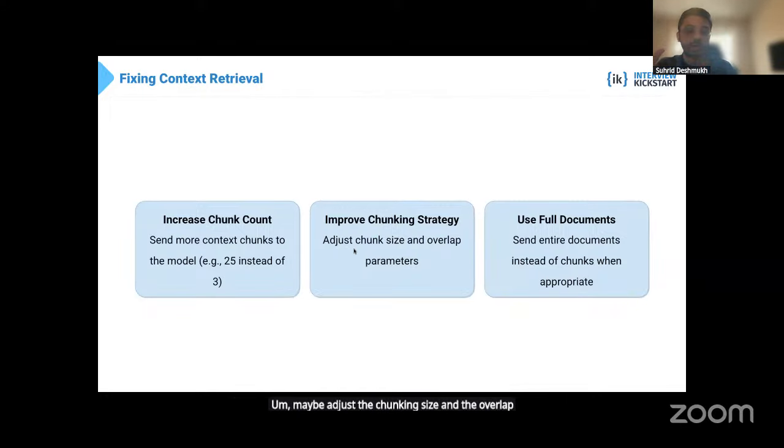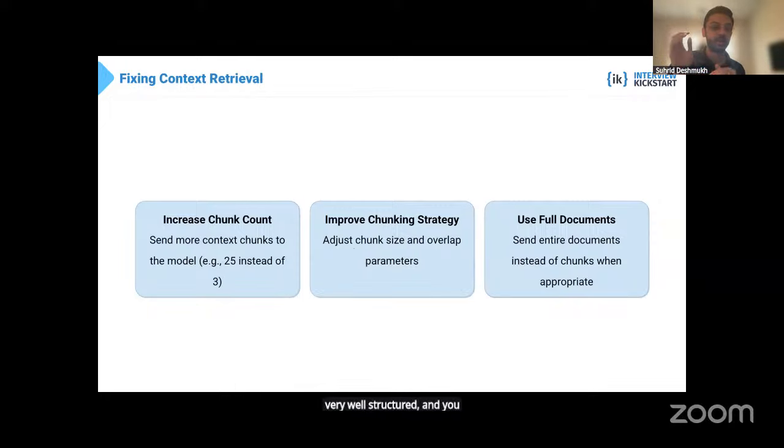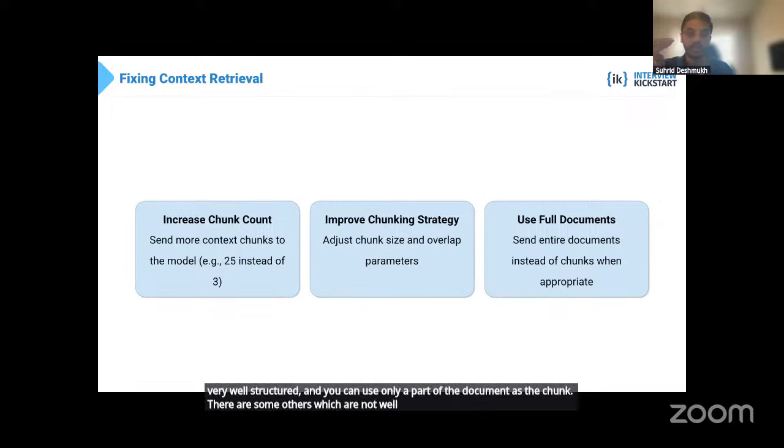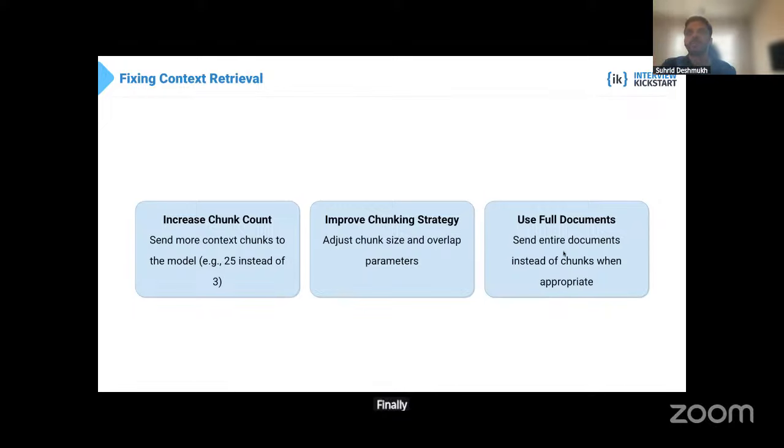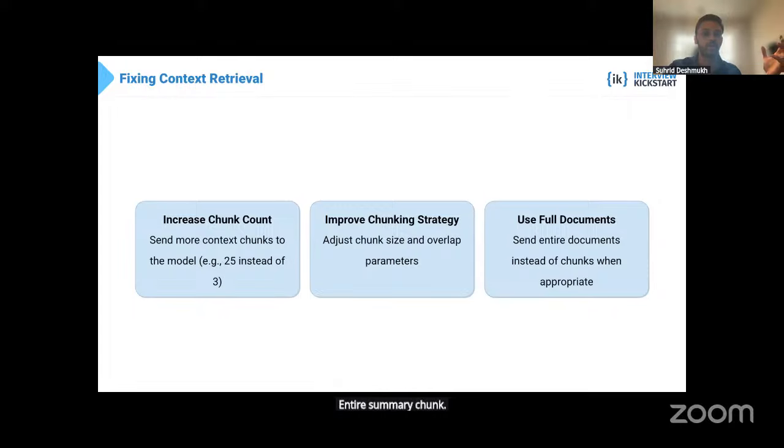What I was talking about is that there are some documents which are very well structured and you can use only a part of the document as the chunk. There are some others which are not well structured and you may have to use some chunk overlap to get good performance. Finally, at the expense of memory storage, you can use the entire document and create a summary associated with the entire document and append that summary chunk to your internal chunks of that same document.